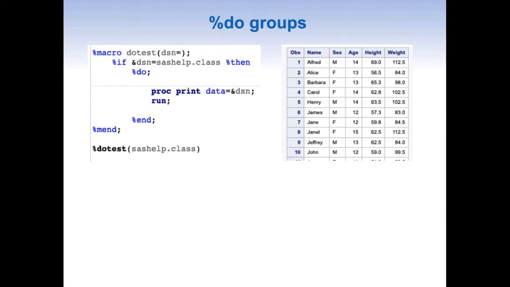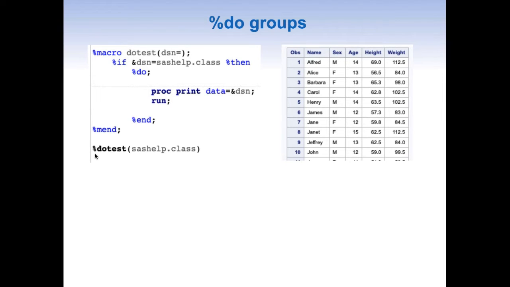We will be discussing more on that when I discuss macro functions. But %if %then ends after one semicolon. We can't embed multiple SAS statements in here. So to handle these multiple SAS statements with semicolons, we use do groups. So %do is mainly to accommodate extra semicolons.